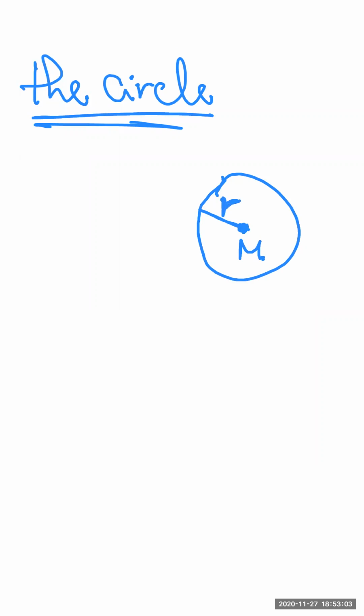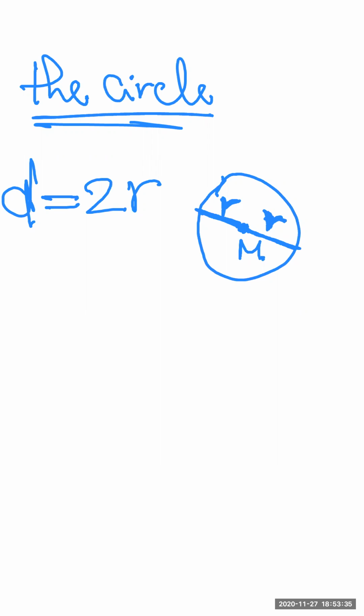If I draw the radius on the other side like this, this is also a radius. So the whole of these two radii is called the diameter. So diameter equals 2r, right? Yeah, right.